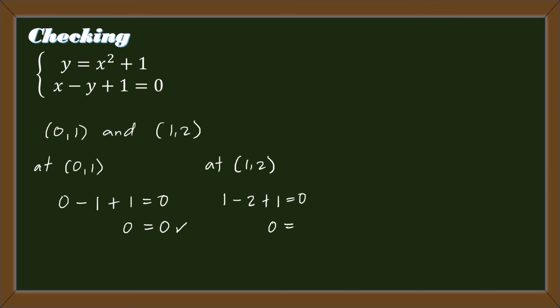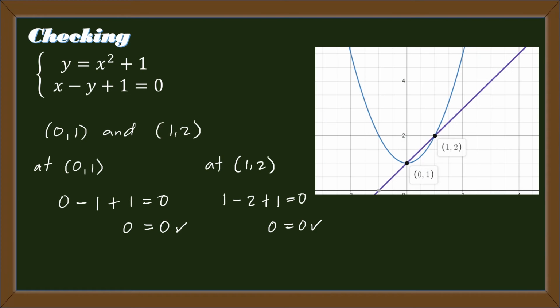We have 0 is equal to 0. Therefore, the ordered pair solutions are correct. Another way to check the solution is to graph the parabola and the line and see whether the two graphs intersect at (0, 1) and (1, 2).